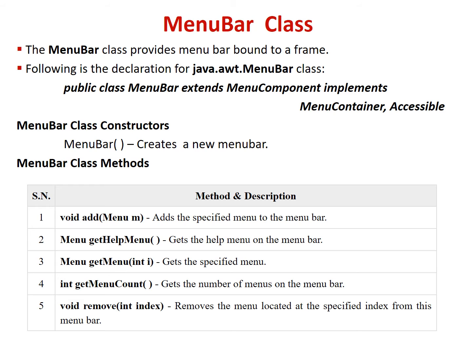This will return the specified menu. Then int getMenuCount. This will return the integer value which is the number of menus on the menu bar. And void remove(int index), which removes the menu located at the specified index from the menu bar.